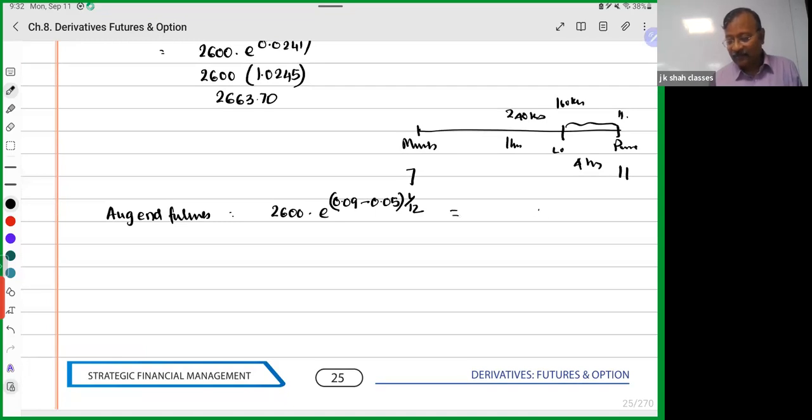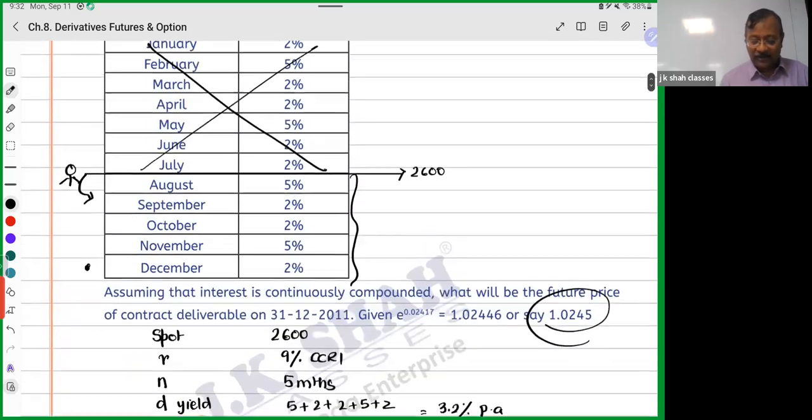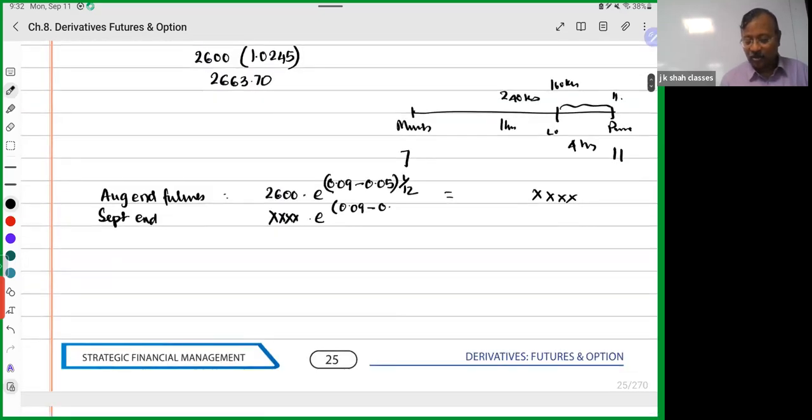This will give me some number. Then for September end, this number into e raised to 0.09 minus whatever the dividend yield for September, 0.02, into 1 by 12. Now the final answer which I'll get for December end will still be 2663.7.